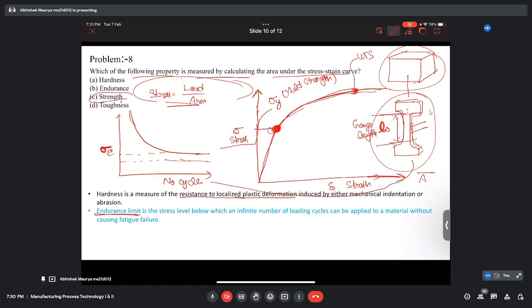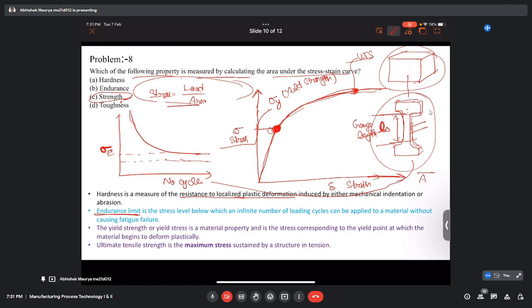Third one is the strain. I told that from the stress strain curve we can get the yield strength and ultimate tensile strength. As I already told, after the yield stress the material starts deforming plastically.